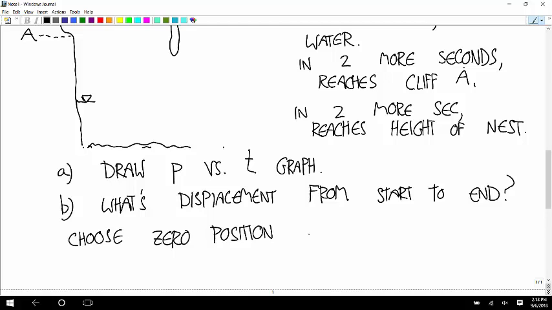So we'll choose the 0 position at the water. Positive direction up. The 0 time we'll make at the start of the motion.